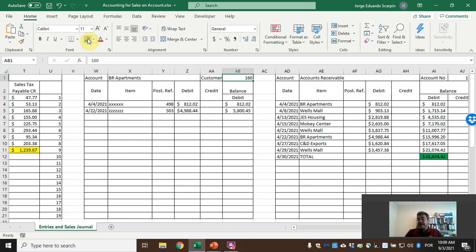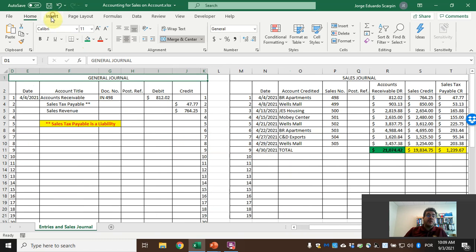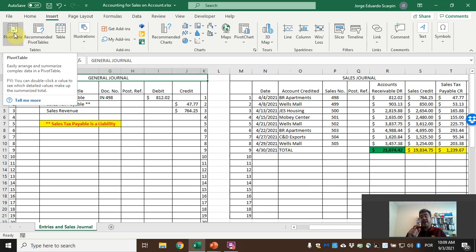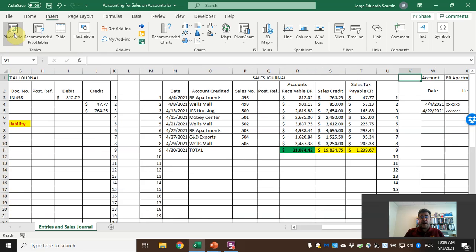However, there is a way to do that without combining a lot of papers, a lot of ledgers. We can do that using Excel. There is a very nice feature called pivot table. And by the way, we have a video about pivot table on our channel, and the video is in our video description. So, okay, how much did we sell to each of our customers?